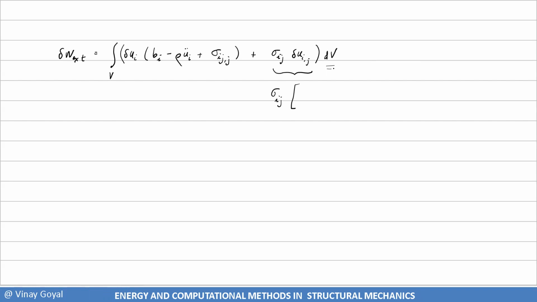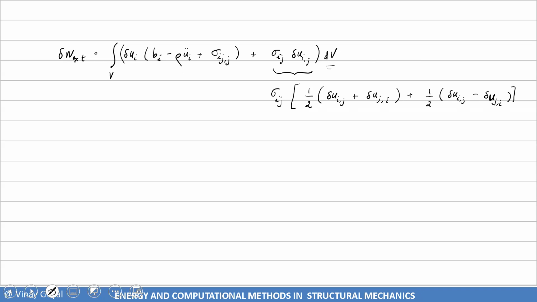And so the strain for this is going to become 1/2 del ui comma j plus del uj comma i, plus 1/2 del ui comma j minus del uj comma i.